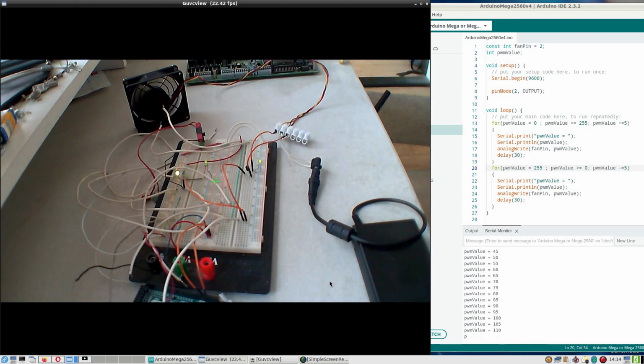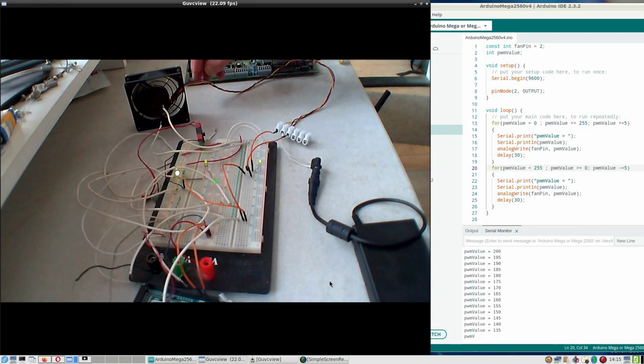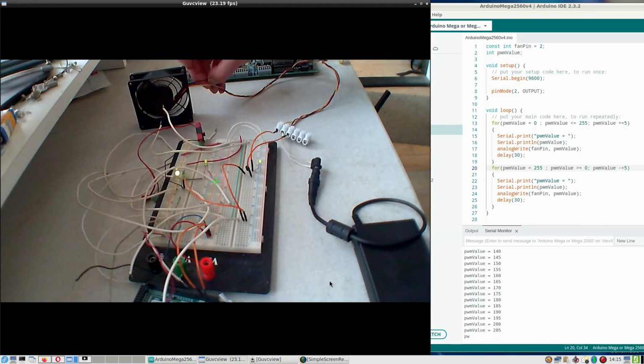Next point, always be critical. Always look very carefully. And in this case, the example is different from my setup, because my setup is a fan with 3 wires. Black for ground, red for power, and yellow for control.